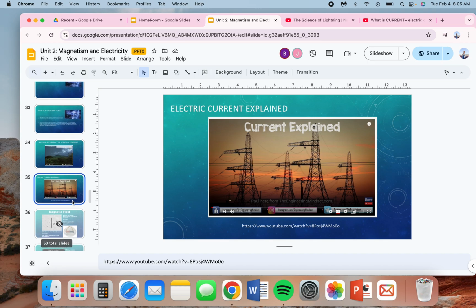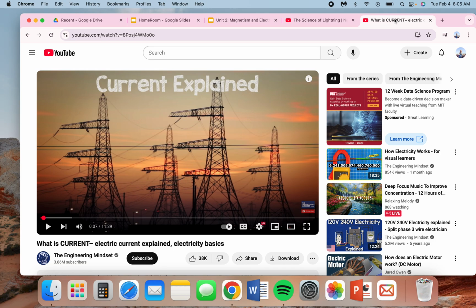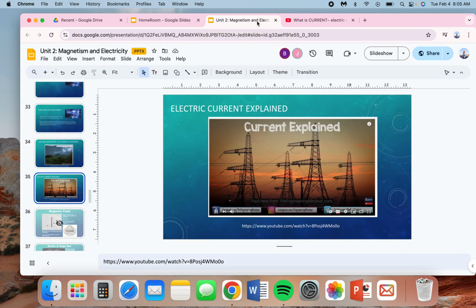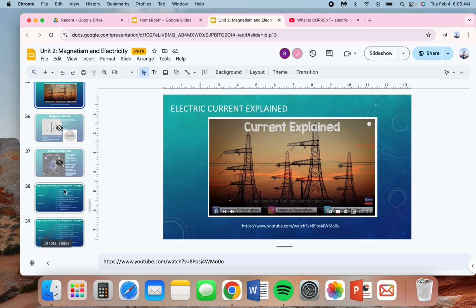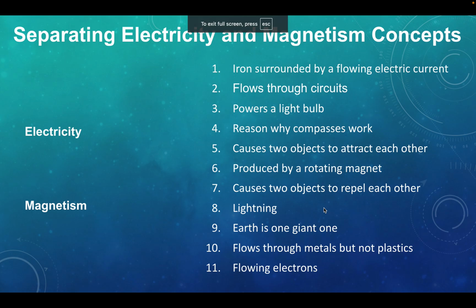Now that we understand lightning, we are more broadly going to look at electric current. I will have played that video for you in class as we move on. Go ahead and take a couple of minutes to look at the list.